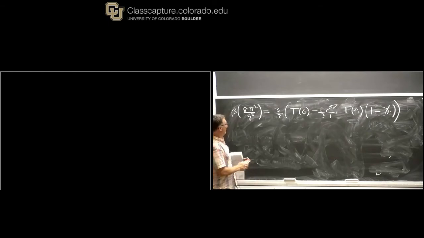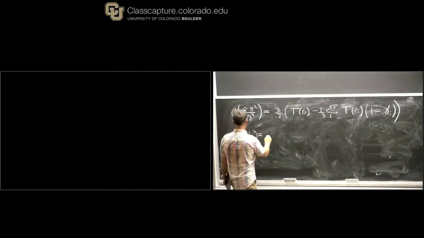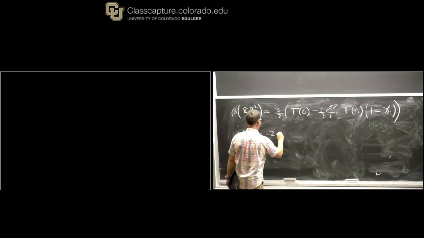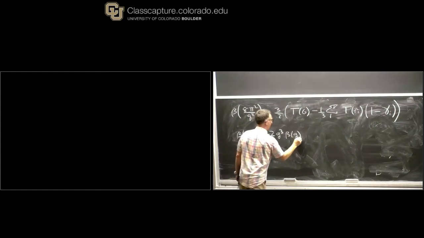And in particular, if we're at a zero of the beta function, so we can write beta of 1 over g squared is minus 2 over g cubed times beta of g.